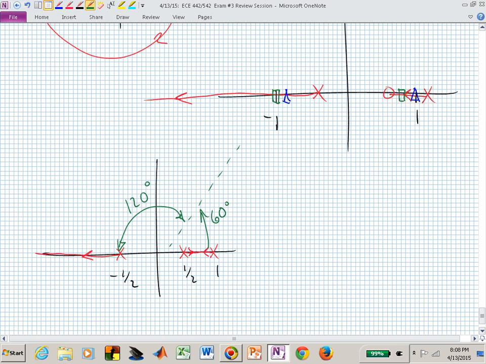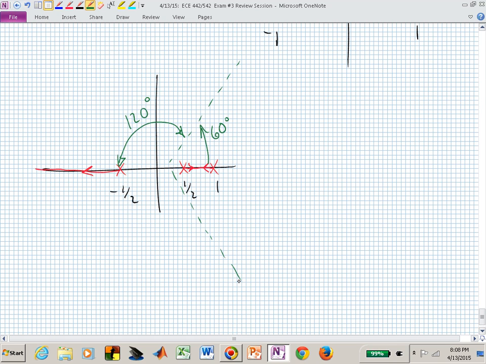These dashed lines are my asymptotes. The asymptotes are where the branches of the root locus are going to approach as the gain k gets really big. And where those asymptotes are centered is the centroid. We'll talk about this at more depth after the exam, but do you get the idea what's going on?